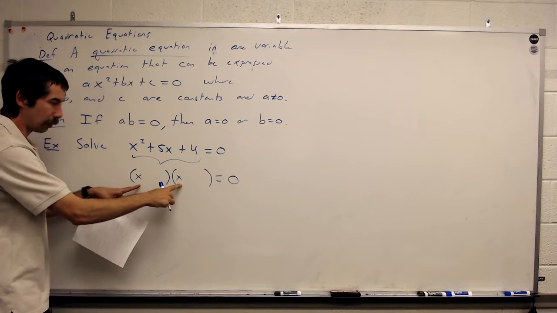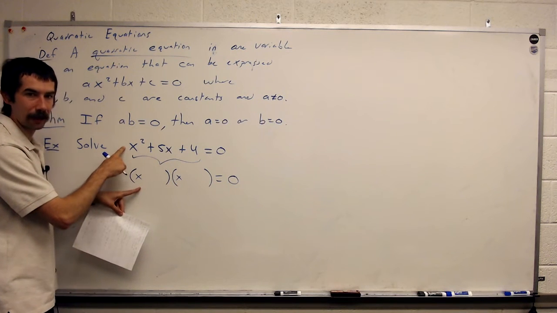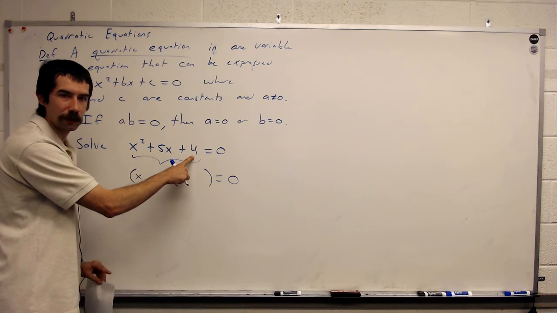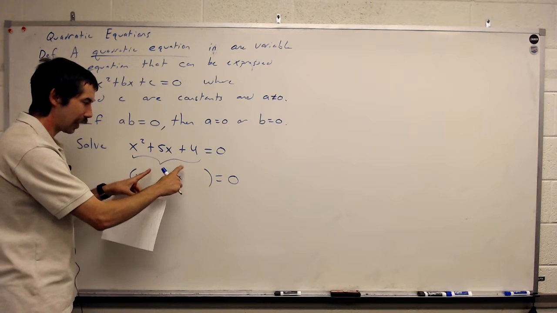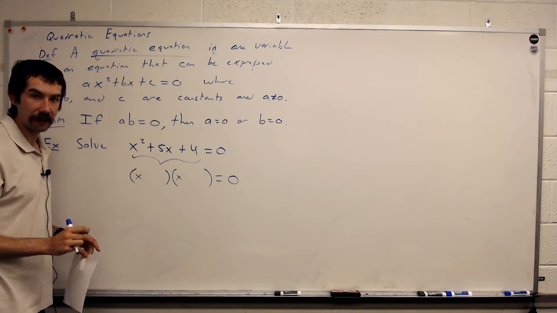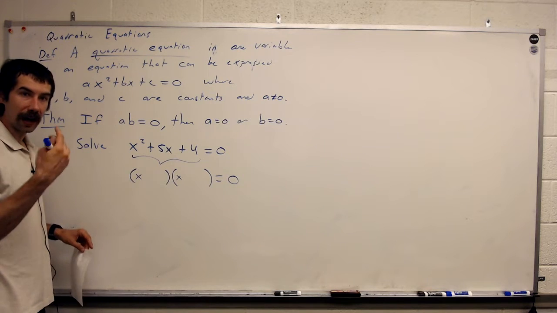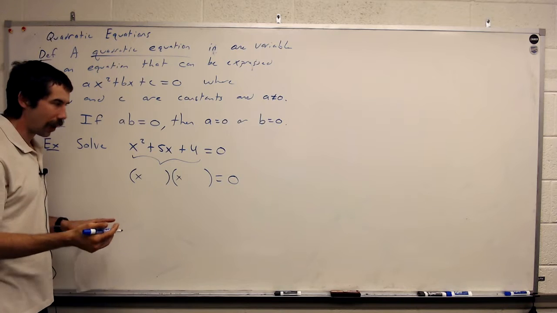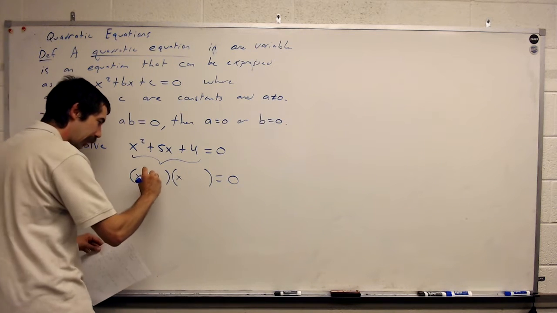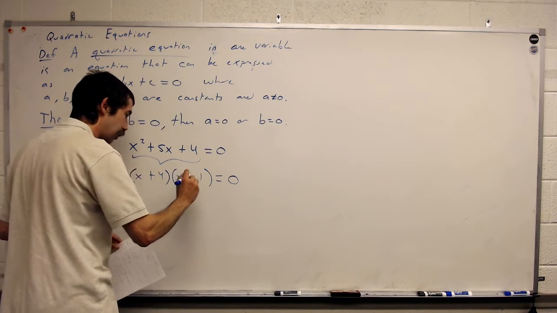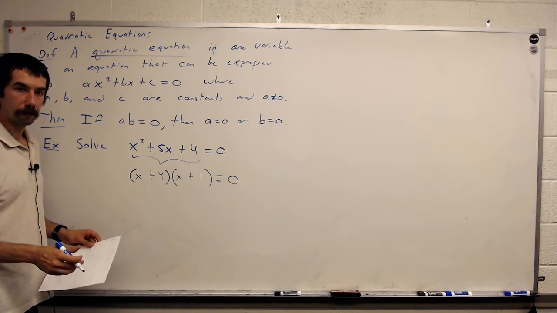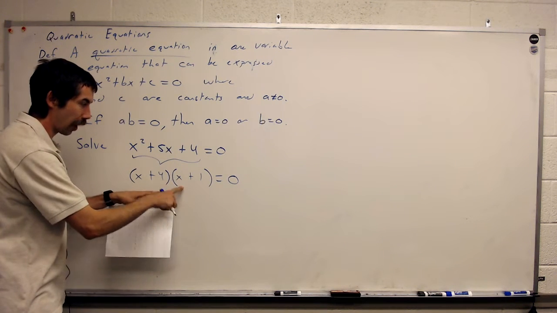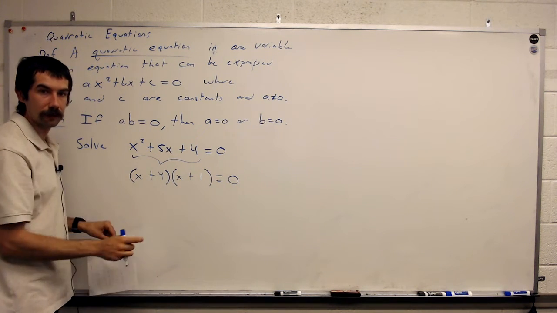So our first term, x times x, will give us x squared. Now we need to find two numbers that multiply to give us 4, that when we add them together, we get 5. Okay, and so you have to think, it's a little bit of guessing and checking. Two numbers that multiply to give you 4, that when you add them together give you 5, well, that's plus 4 and plus 1. And you can check, if you FOIL this out, x squared plus x plus 4x, that's 5x plus 4.